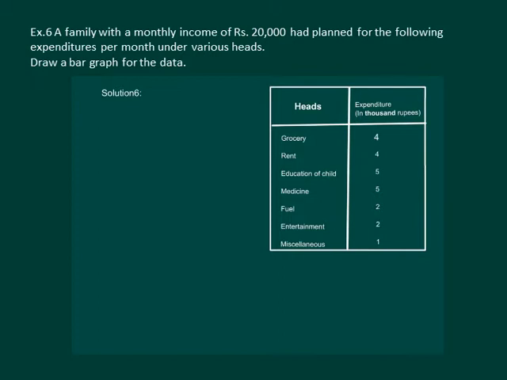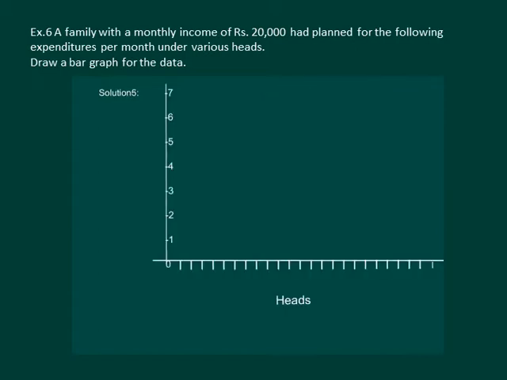Here, heads are the variables. So let us take them on the x-axis. And the expenditure in 1000 rupees is the value of the variable, so we will take it on the y-axis.